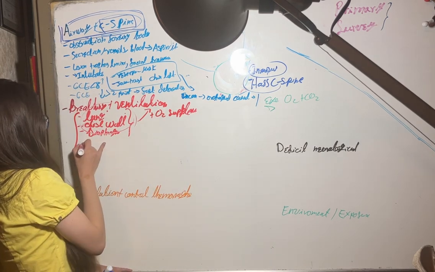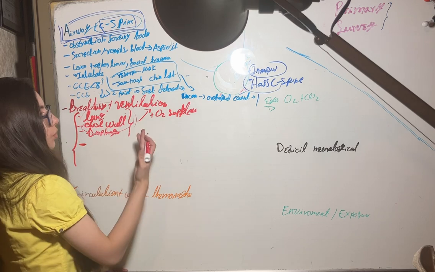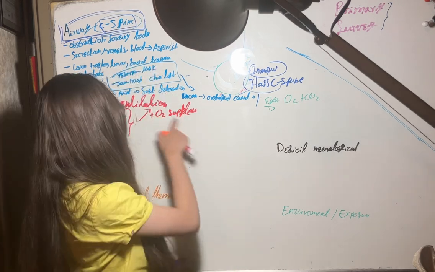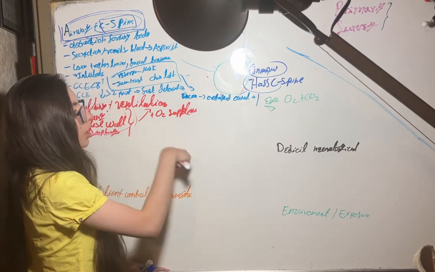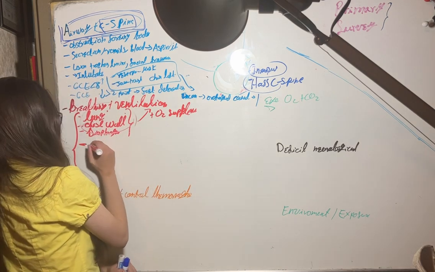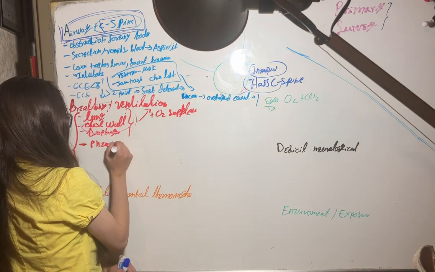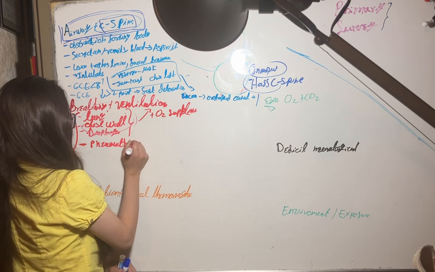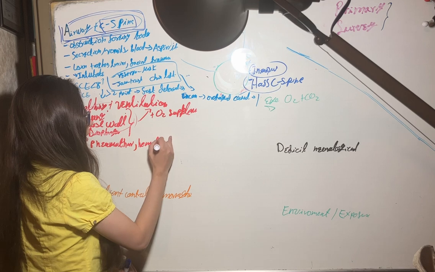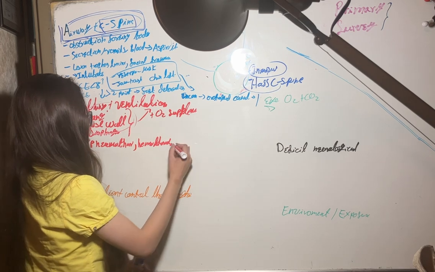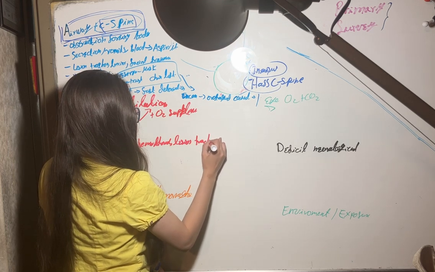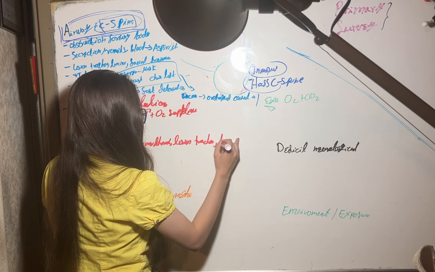Here, we should focus on identifying the lesions that could compromise breathing and ventilation and could potentially kill the patient. These lesions are pneumothorax, which we are going to see in more detail in next videos, hemothorax, and the lesions to the trachea and bronchi.